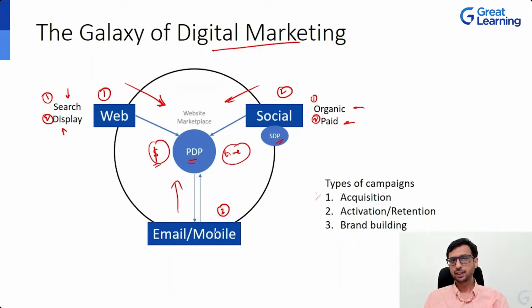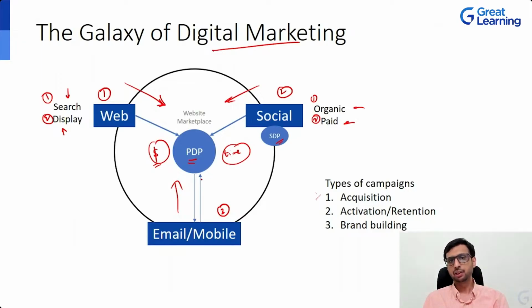Email and mobile plays a support role to this whole journey. You will see that many a time, email and mobile, these being very personal devices and personal mediums of communication, will help you to cement these relationships that you are forging on your primary digital property.